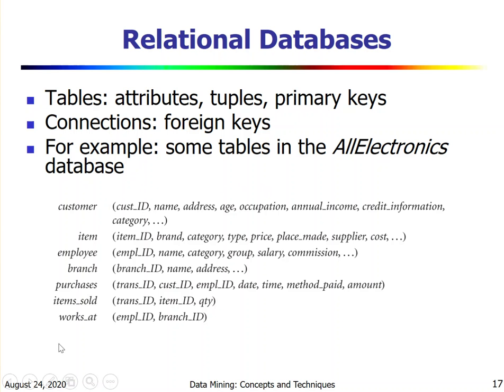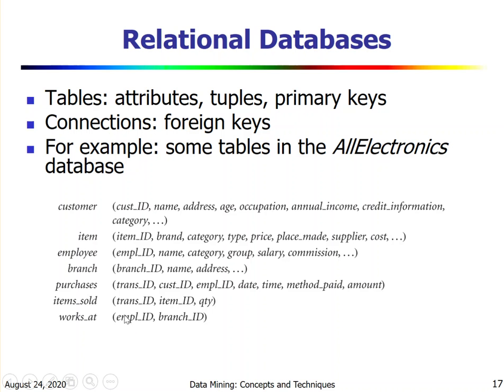We can also look at, for example, works at: an employee works at a branch. We can just use employee ID and branch ID to form this connection. Employee is a primary key here, and branch ID is a primary key here, describing a branch. A branch has a branch ID.